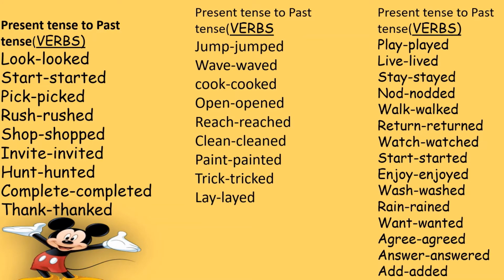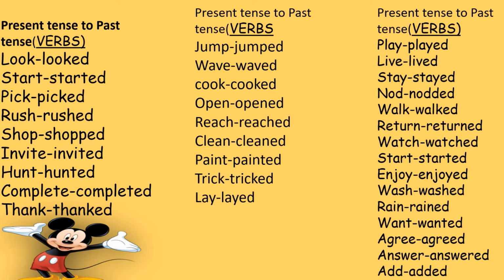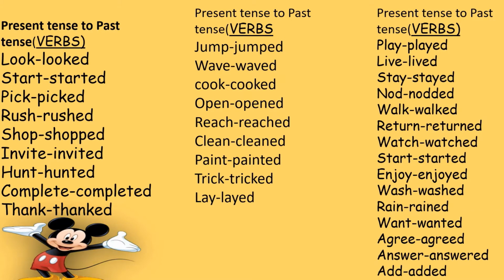For example, the word L-O-O-K becomes L-O-O-K-E-D. These kinds of verbs are easy for you to remember, because when they're written or said in past tense, you only have to add the ed. So it's quite simple, but practice makes perfect.